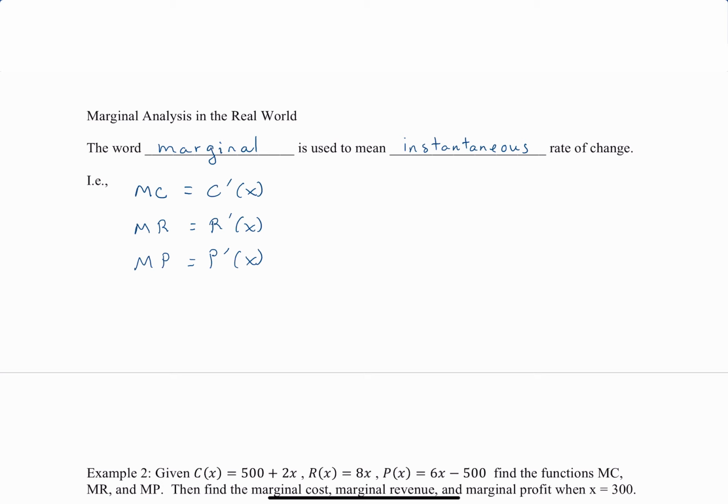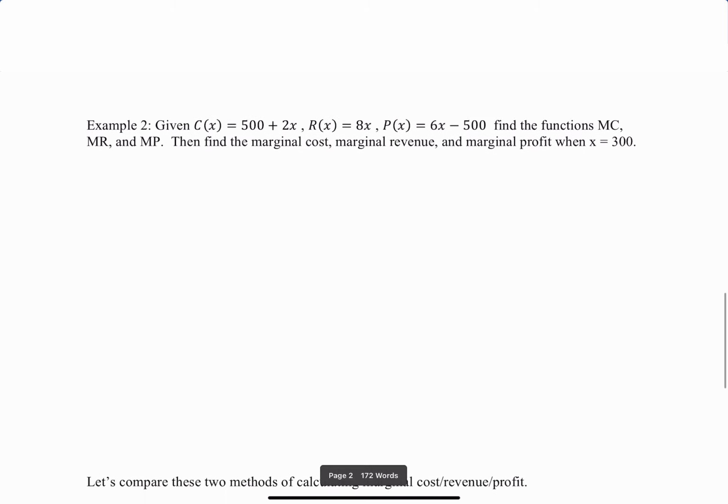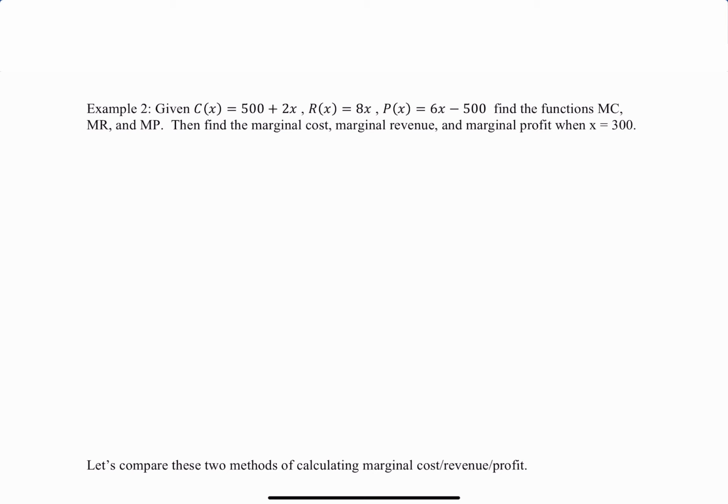For example, given those same functions we used before, let's find the functions marginal cost, marginal revenue, and marginal profit. And then we'll use those to revisit what's the marginal change when X equals 300. Okay, here we go. The marginal cost is defined to be C prime of X. That's the derivative, of course.